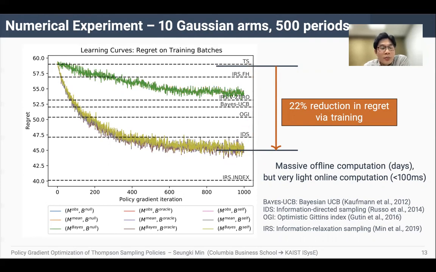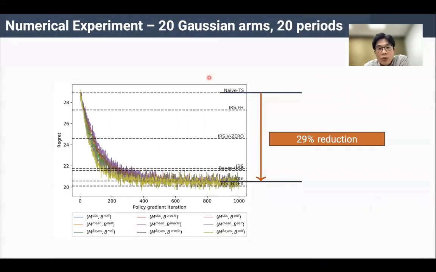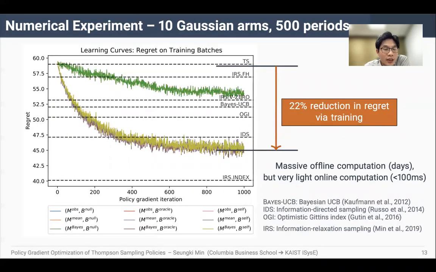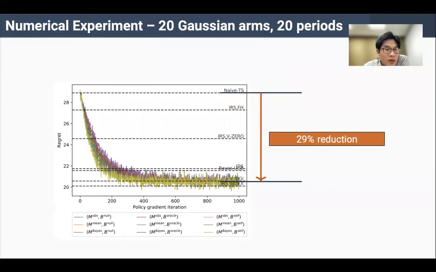We can apply the same idea to another setting where we have too many arms or too short a time horizon. And you can see we are achieving a 30% reduction in regret. One interesting fact here is that I'm running the exact same lines of code as in the previous setting, but the algorithm somehow learned how to exploit this particular setting.